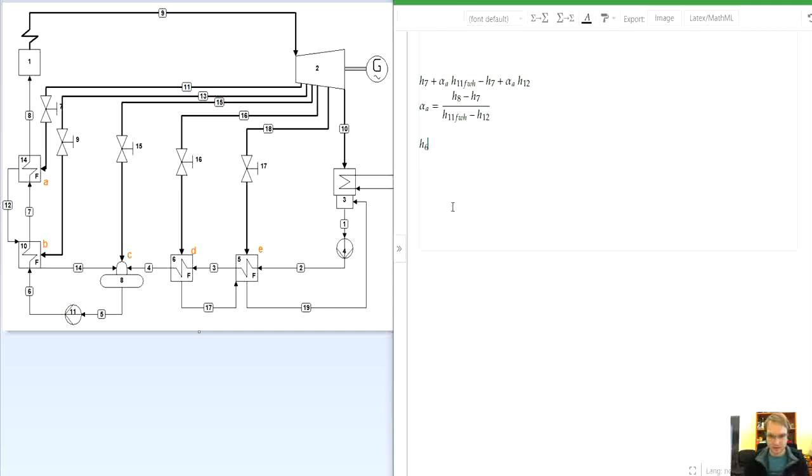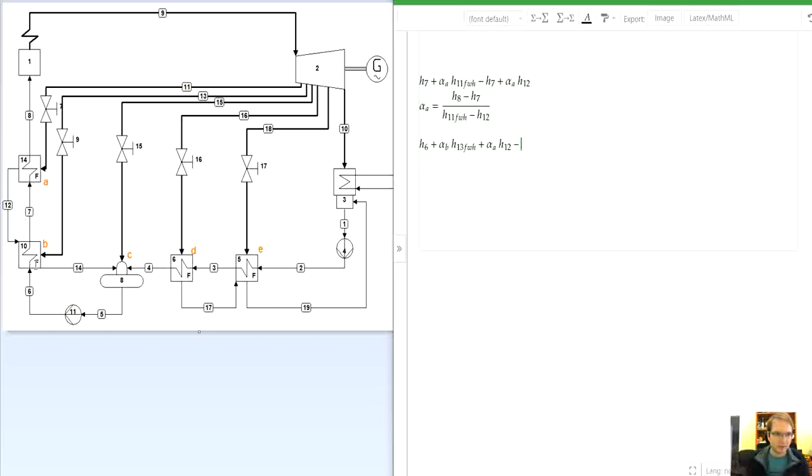So H6 plus our turbine bleed steam, so alpha B times enthalpy H13 FWH, and we have also the cascading input from the previous feedwater heater, so that's alpha A times enthalpy H12.